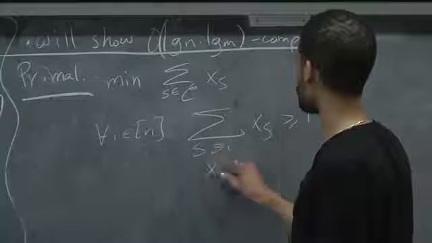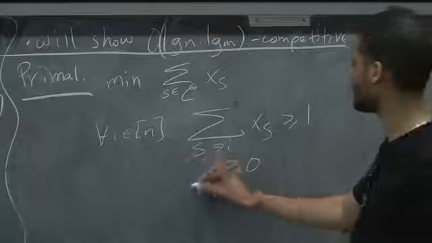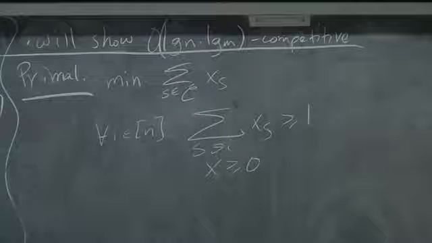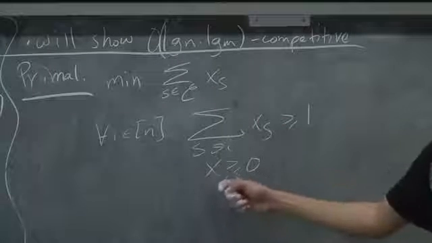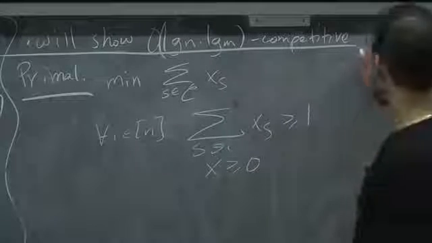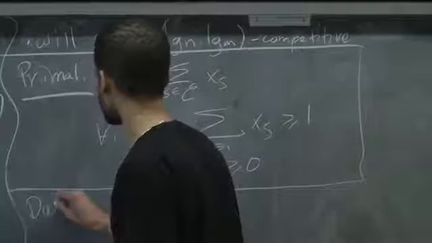And furthermore, X coordinate-wise has to be non-negative. We could also have a constraint saying X has to be at most 1, but that's not necessary because no optimal solution would make any Xi bigger than 1. Okay, that's the primal. There's the dual.